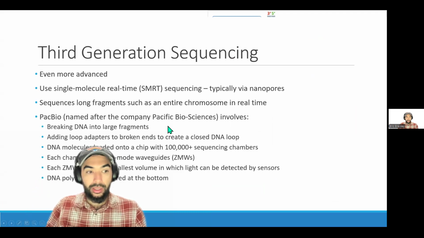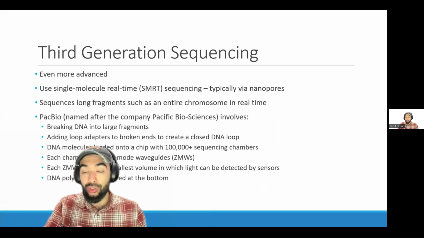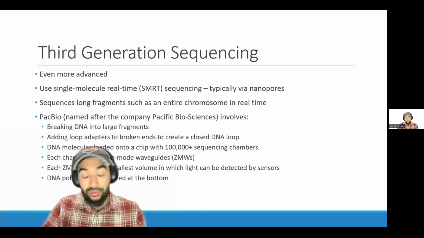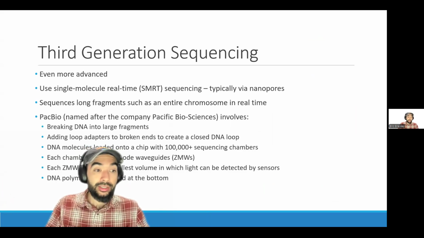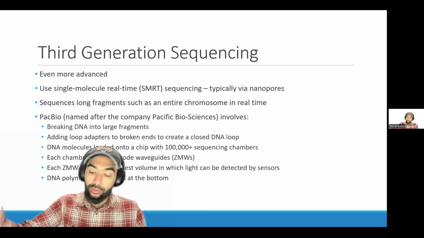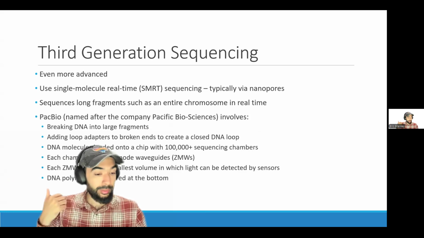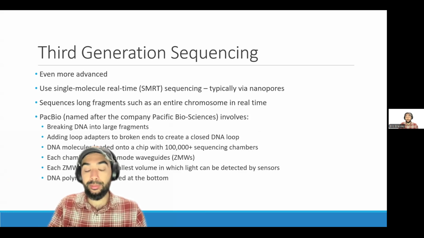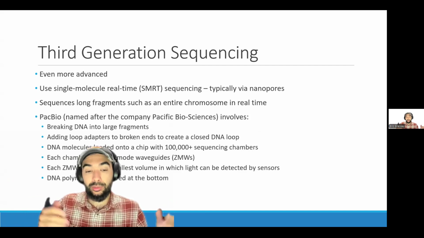Okay, so there are different types of next generation sequencing, but there are even newer, more advanced forms of sequencing that have been developed since, called third generation sequencing. In this case, we've added techniques that help improve sequencing, its efficacy, its accuracy sometimes, or the size of fragments that we can sequence.